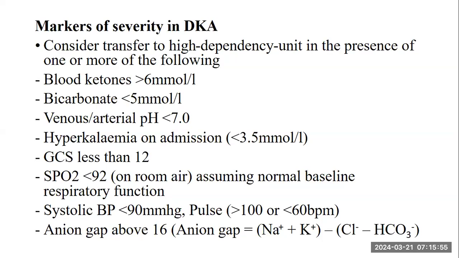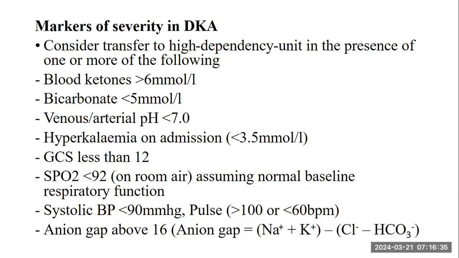Markers of severity in DKA. So we consider transferring them to the high dependency unit when there's one of the following findings: when the blood ketones are greater than 6 millimole per liter, bicarbonate of less than 5 millimole per liter, venous or arterial blood pH less than 7.0, hypokalemia on admission less than 3.5 millimole per liter, GCS less than 12, SpO2 less than 92, assuming the patient has normal respiratory function, not someone with COPD.